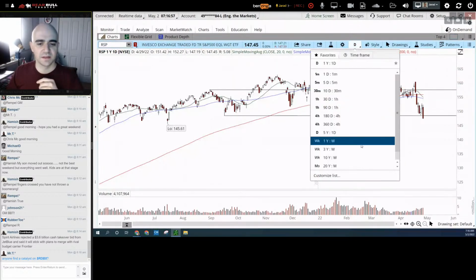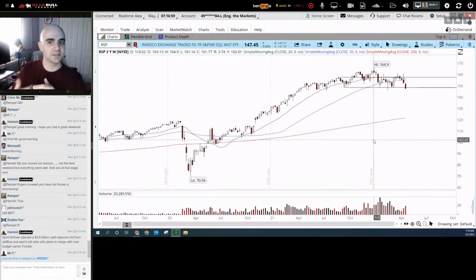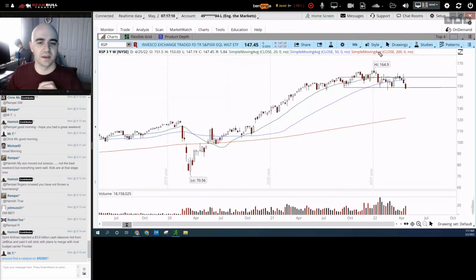What you'll notice here is not only is the RSP starting to lean, but from a technical sense, we are starting to test the lower bounds of this channel. We're basically on the dance floor of the market rolling here from a breadth perspective. There's not too much in the way of at least technical support.